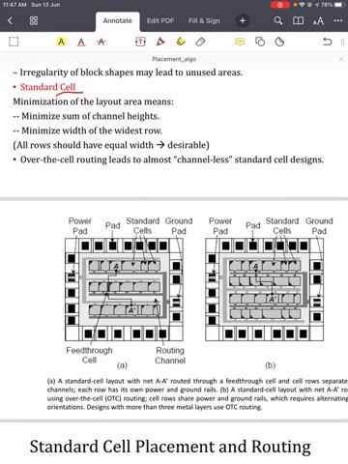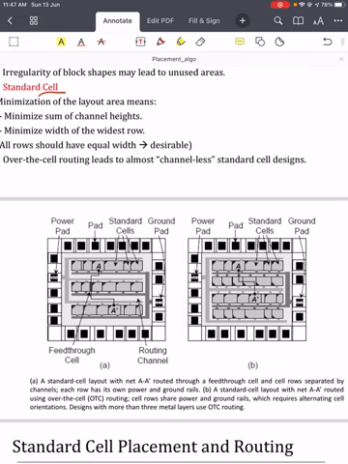Since all the cells are pre-designed to have the same height, the height of a row is the same as the height of any cell in the row.